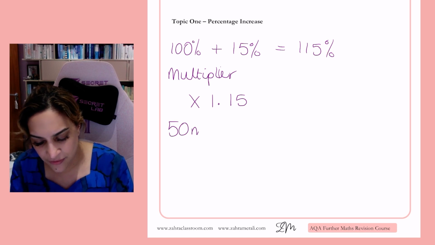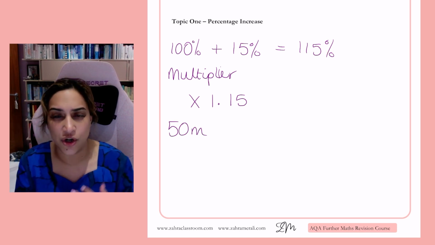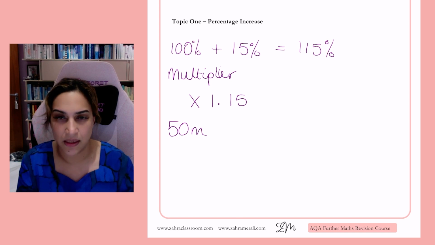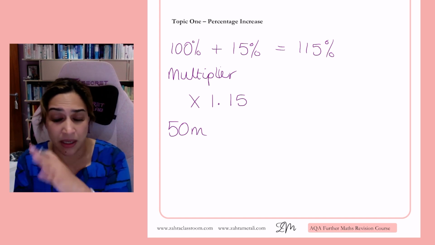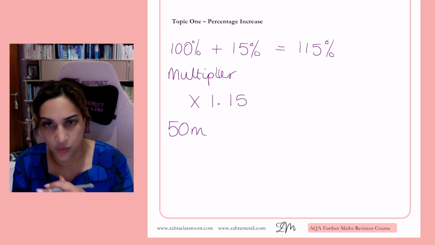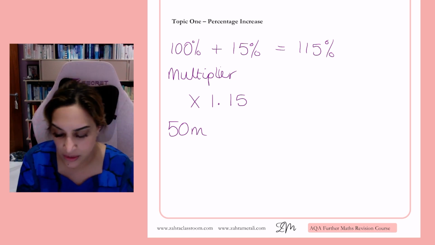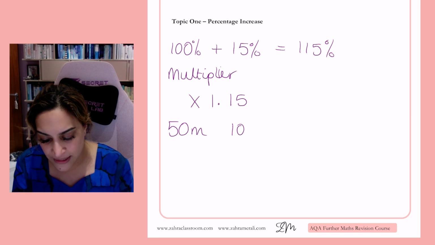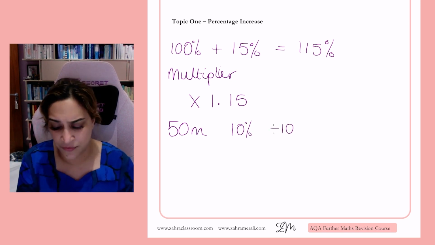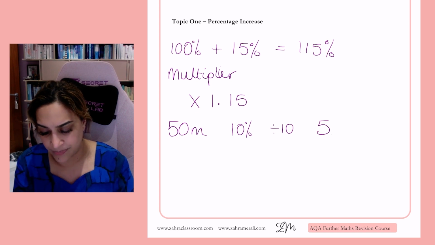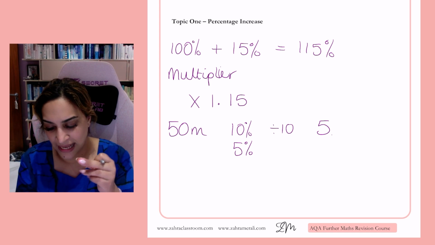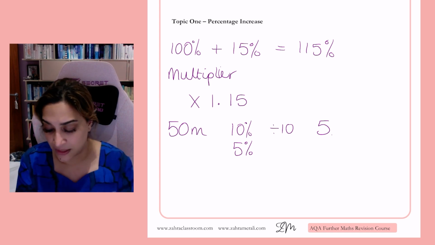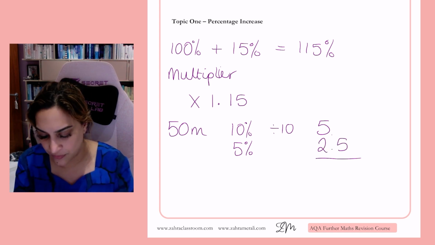Let's take a practical example. If we've got something like 50 meters and we want to increase it by 15%, we could think about it in two ways. We're non-calculator, remember. Revision from GCSE is that if you want to find 10% of anything, you divide by 10. So 10% of 50 would be 5. 5% would be taking that 10% and dividing it by 2, so 2.5.